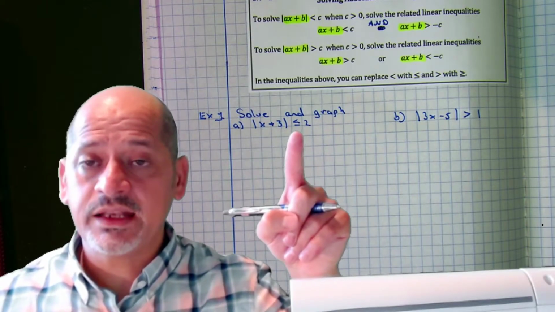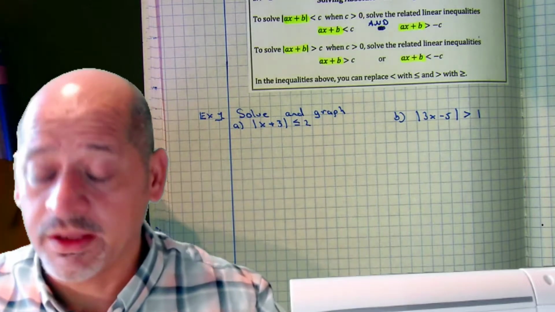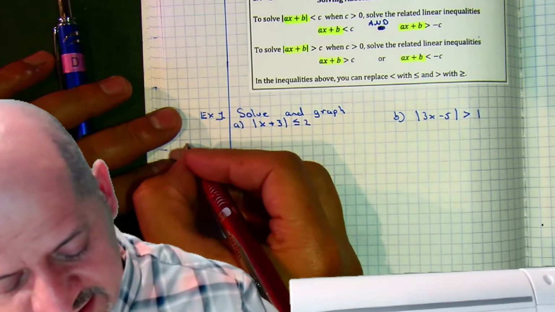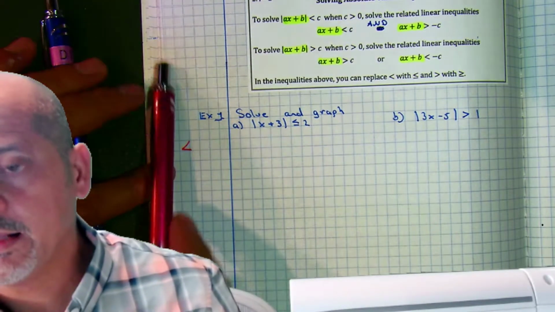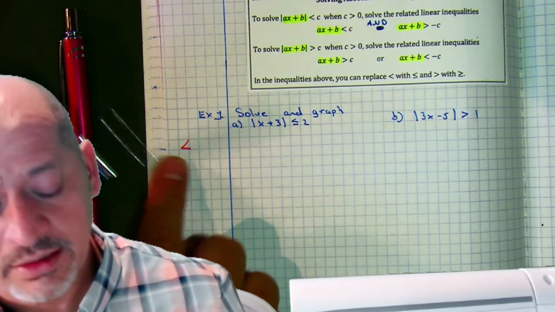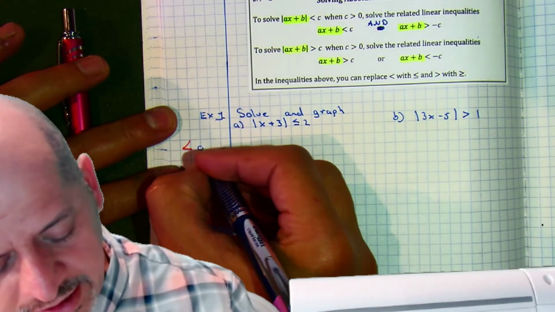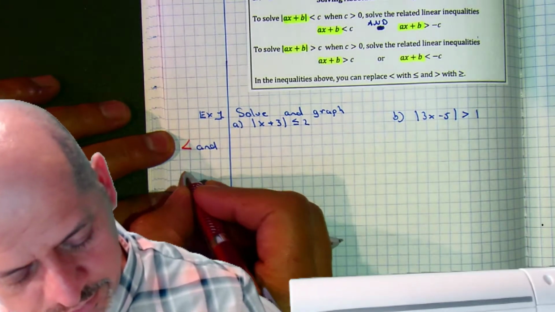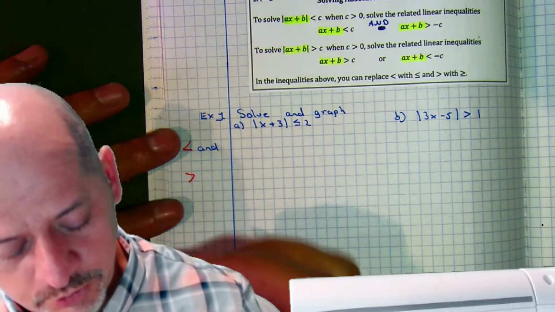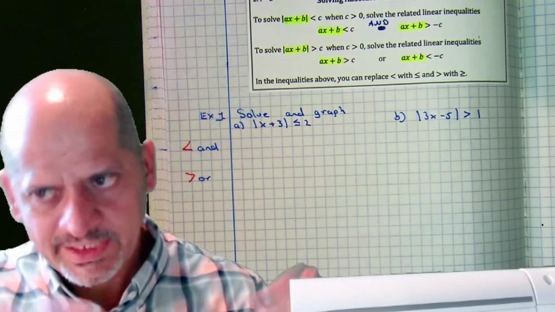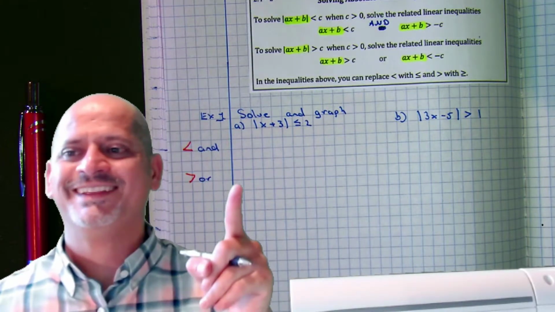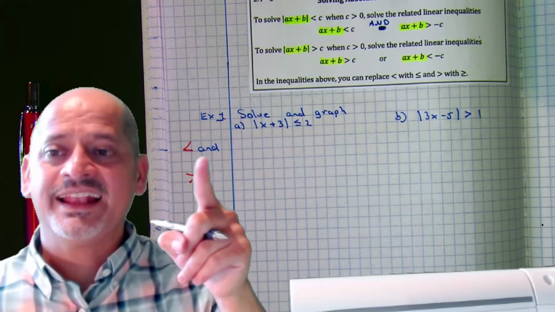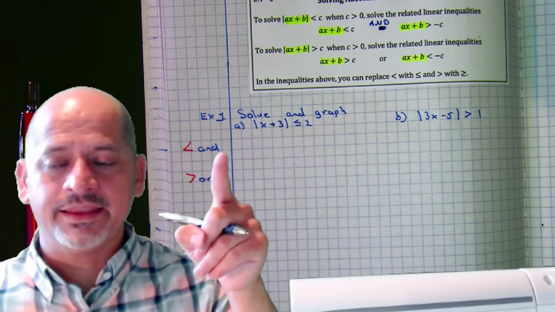Remember, if it's less than, and let's write that down on the left, think of this as an L. Less than is going to be an AND, L-AND. Greater will be an OR, G-OR. I have nothing else. So less than is an L-AND.